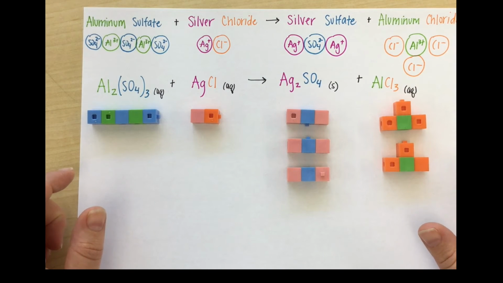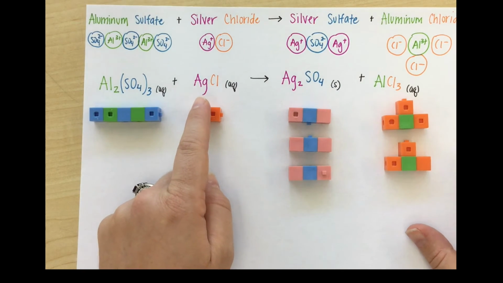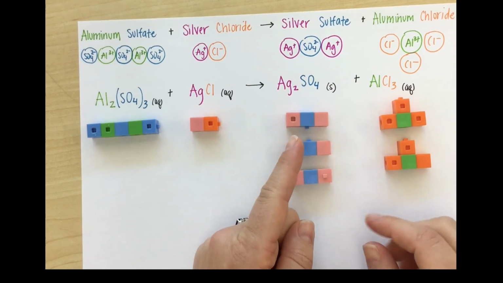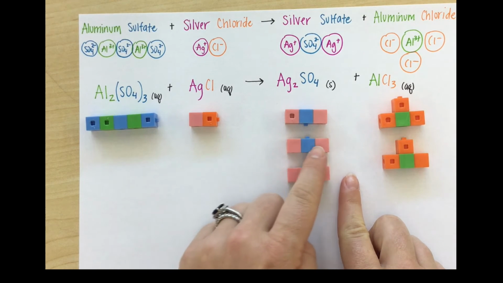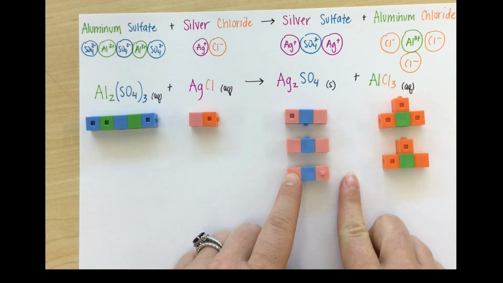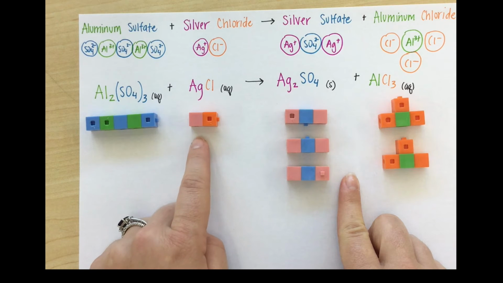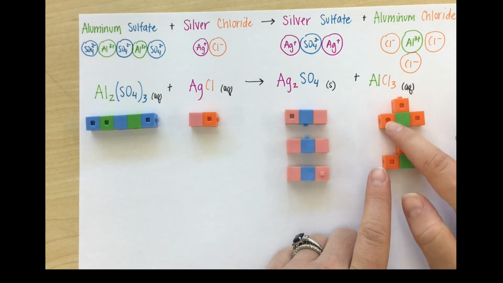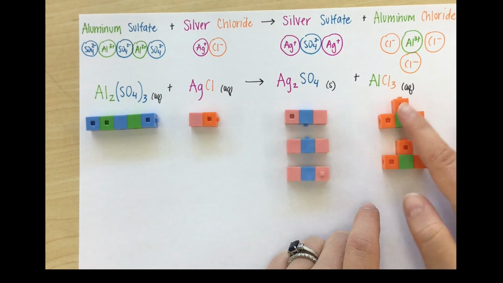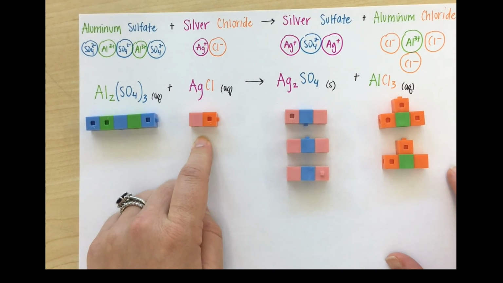The last one that I need to balance is my silver chloride. On my product side, I've got 1, 2, 3, 4, 5, 6 silver ions, but on my reactant side, I only have 1. And same for chlorine. I've got 1, 2, 3, 4, 5, 6 chloride ions, but only 1 over here.